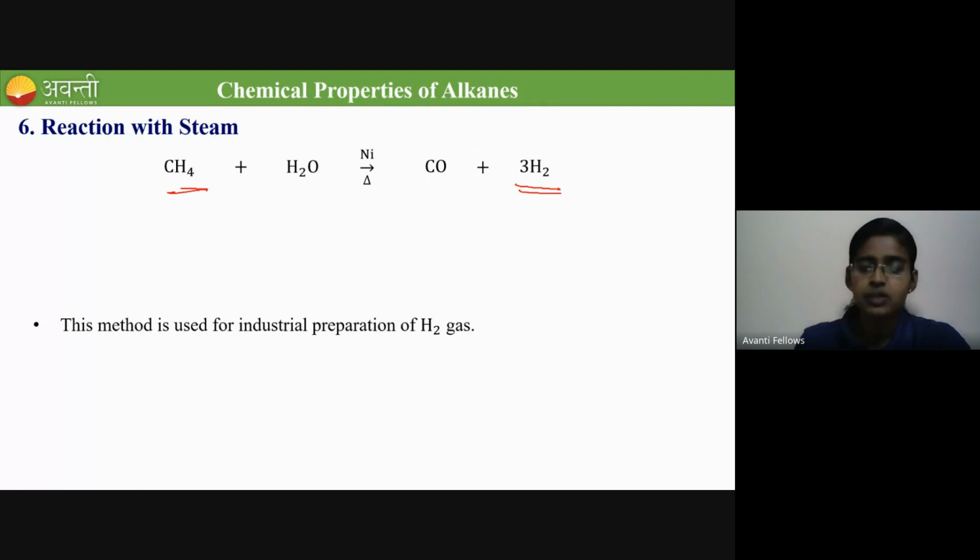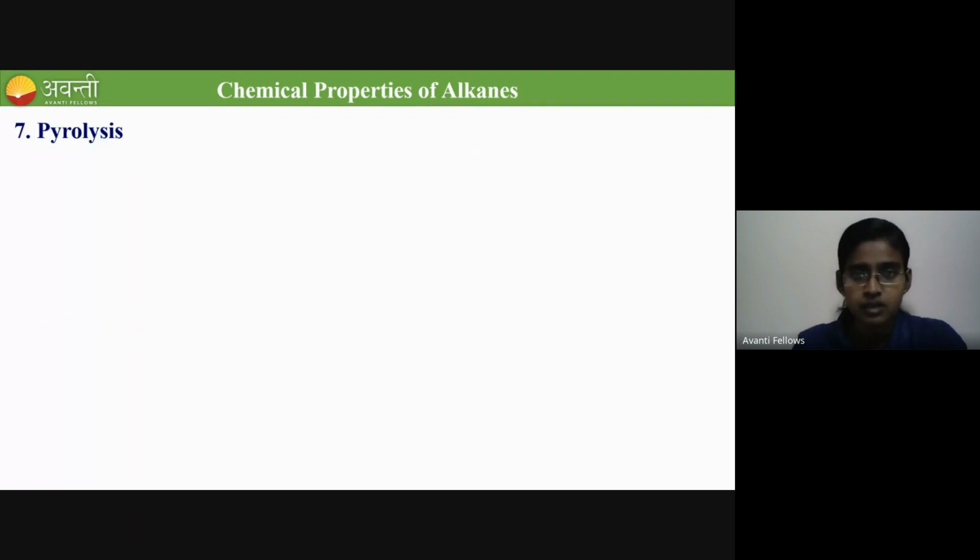Now coming to the last reaction for today, for alkanes, it is pyrolysis. So what is pyrolysis? The higher alkanes, meaning alkanes with more than 7 carbons or more than 5 carbons, will be heated up to a very high temperature.